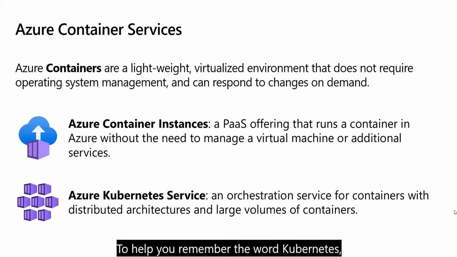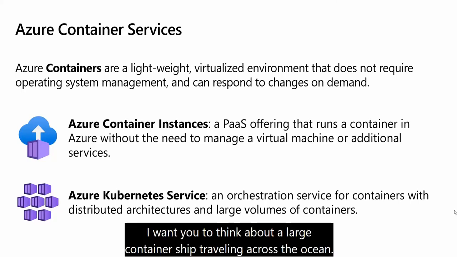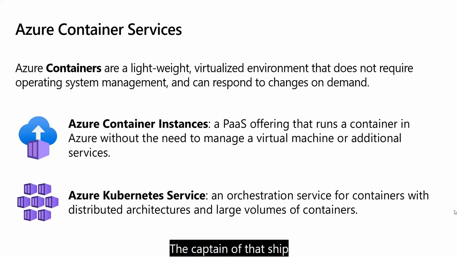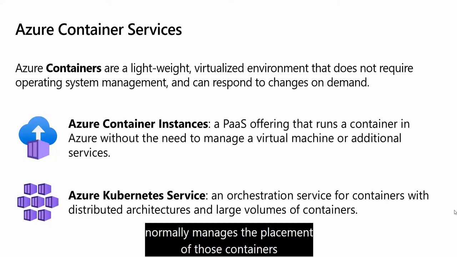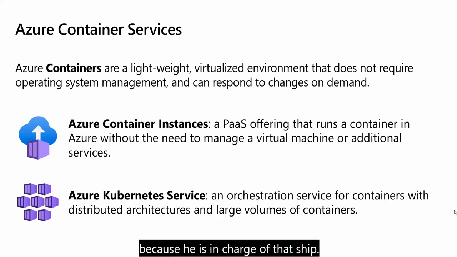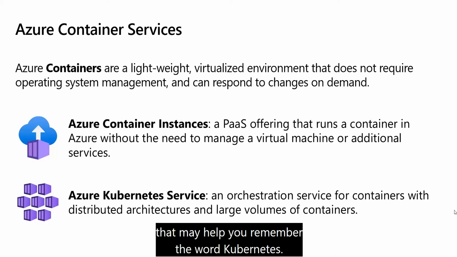To help you remember the word Kubernetes, think about a large container ship traveling across the ocean. The captain of that ship normally manages the placement of those containers because he is in charge of that ship. The word Kubernetes, loosely translated from Greek, means captain. So that may help you remember the word Kubernetes.